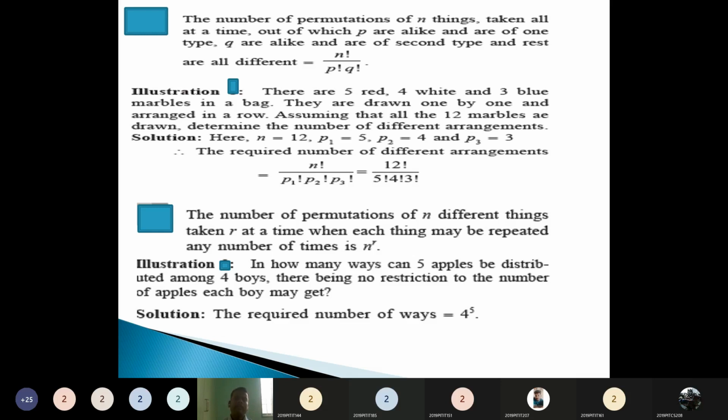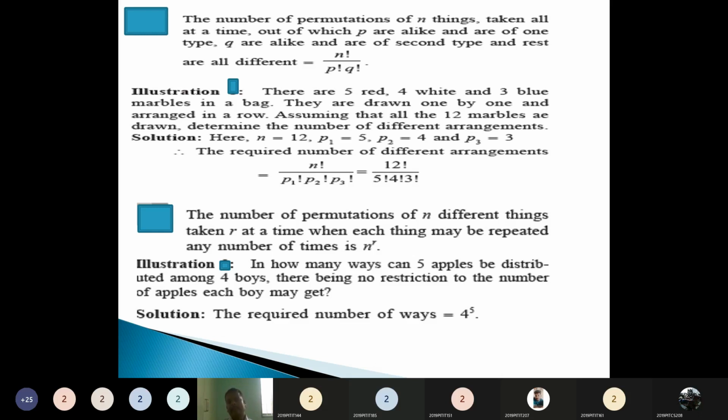That means P1 denotes the same type of red marbles, P2 the 4 white marbles, P3 the 3 blue marbles, same size, same color. And we arrange them, I mean permutation, we are going to find. So that is n factorial divided by P1 factorial into P2 factorial into P3 factorial. That is 12 factorial divided by 5 factorial into 4 factorial into 3 factorial.